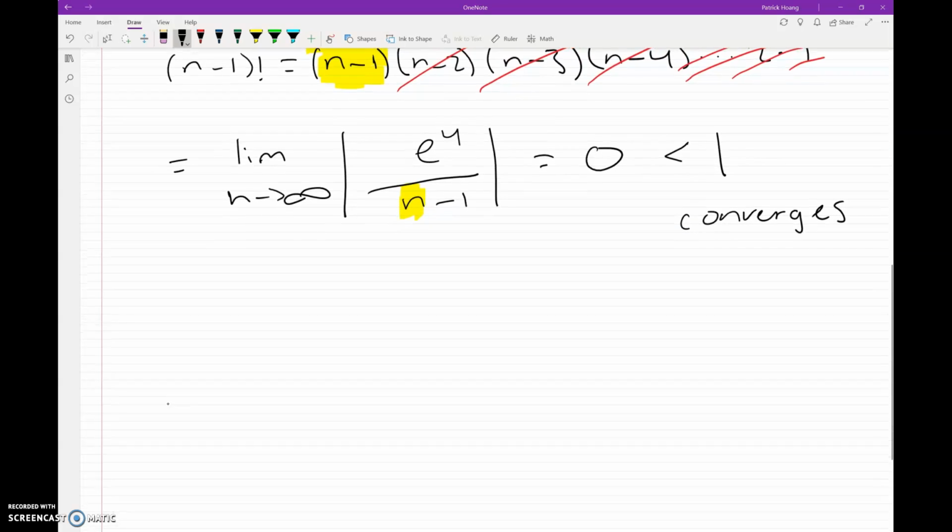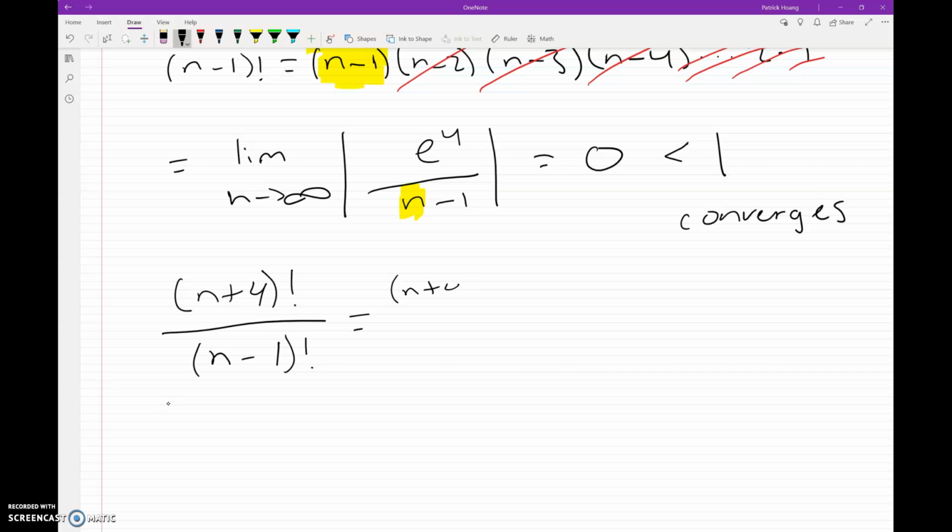Another example, maybe for you guys to see as well. Let's say we had n plus 4 factorial divided by n minus 1 factorial. What would that be? Well, we can do the same thing, right? Let's write out all the terms.